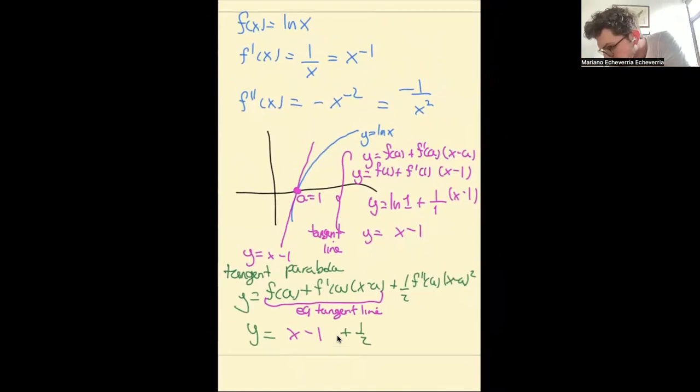Well, it would be minus 1 over 1 squared because a equals 1, right? Times x minus 1 squared. Is that making sense? Questions about this? Of how I'm plugging things in here?